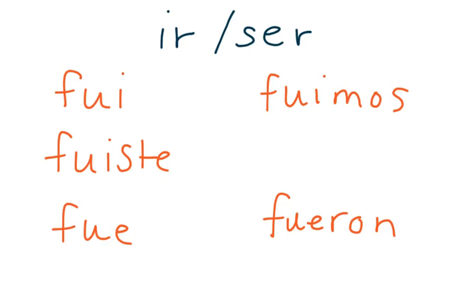That's the difference between ser and estar. Mostly we're going to be using ir as these conjugations. Fui, fuiste, fue, fuimos, and fueron. But there'll be times too when if you want to say the food was delicious, we'd say la comida fue deliciosa. Okay, so these are the conjugations for ir and ser.